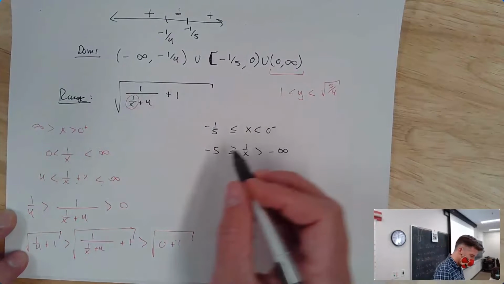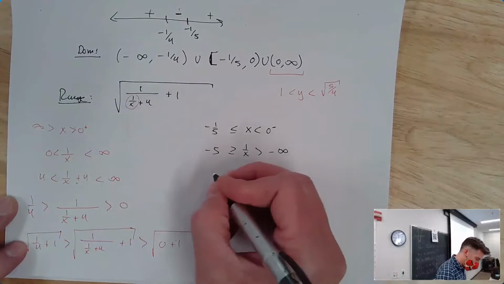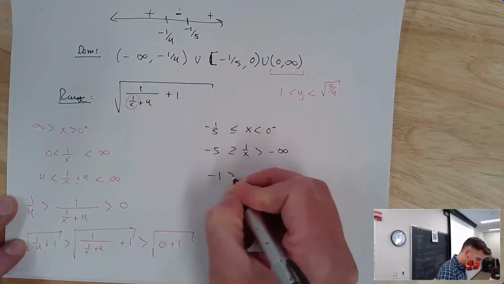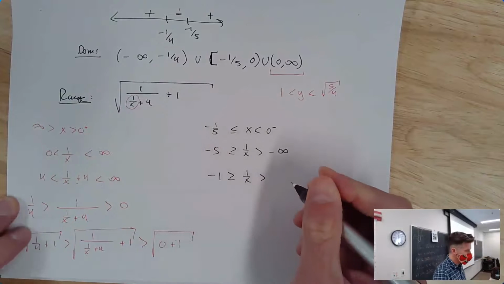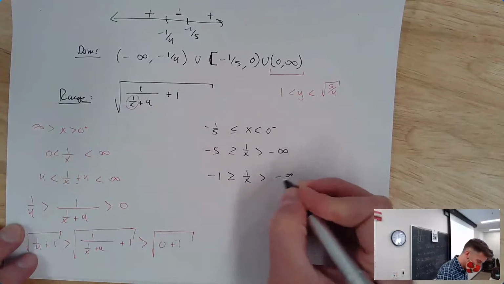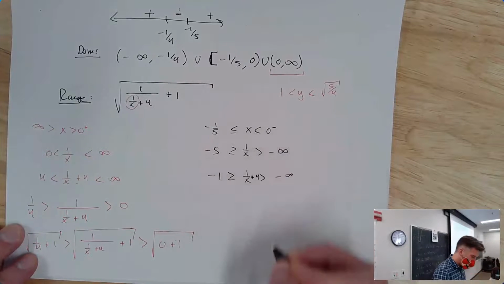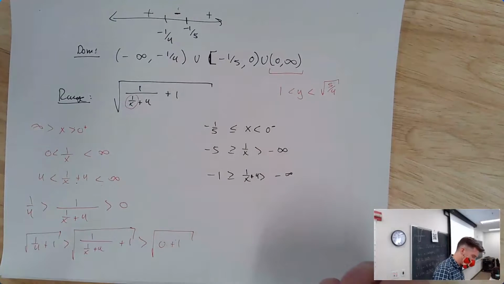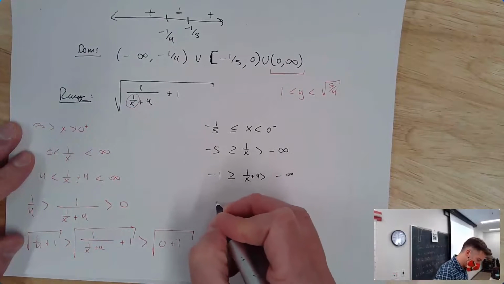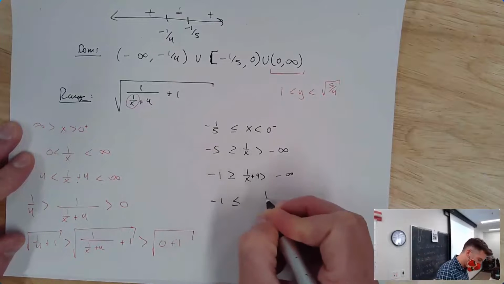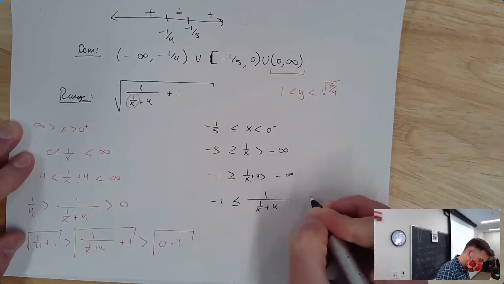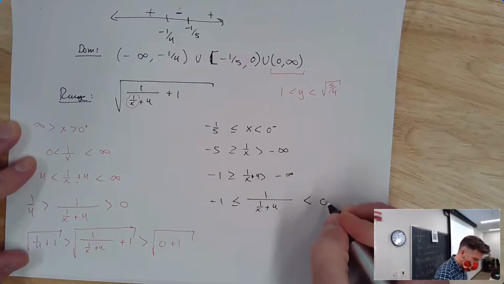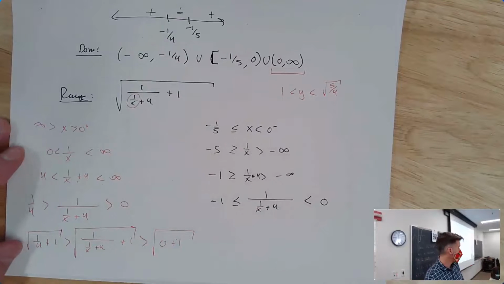And then I would add 4 to everything. Negative infinity plus 4 is still negative infinity. Got the 4 there. And then I would take the reciprocal of that again. Reciprocal of -1 is -1. This seems like a very, very bizarre question. Reciprocal of infinity is 0.